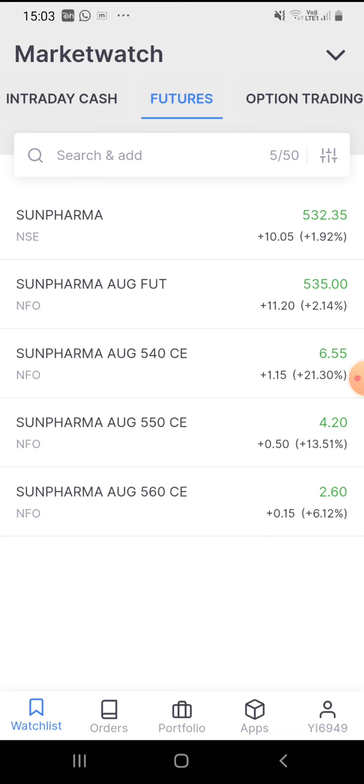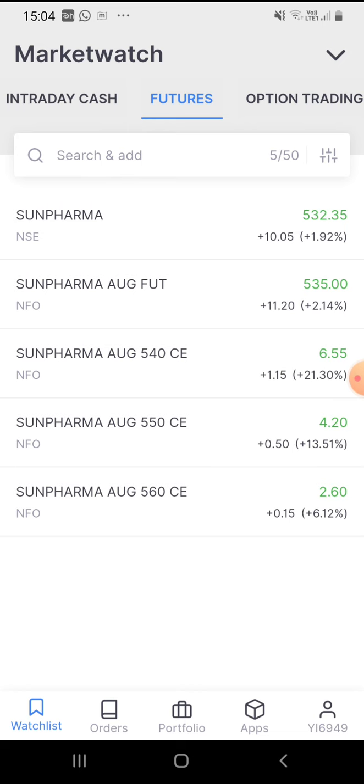Until it reaches 540, it will move like 6.5, 7, 7.25, 7.5, like that. When it touches 540, it will move like 7.5, 8, 8.5, 9, 10, like that. The speed will increase. For example, if the real value increased to 542, the Sun Pharma 540 CE would be approximately, normally 8.5, at least 9.